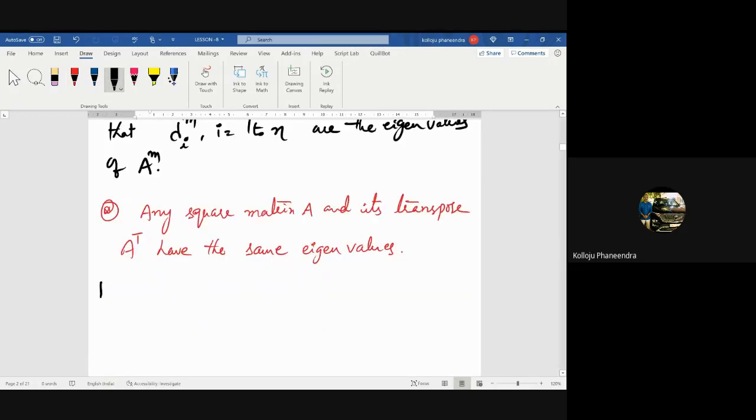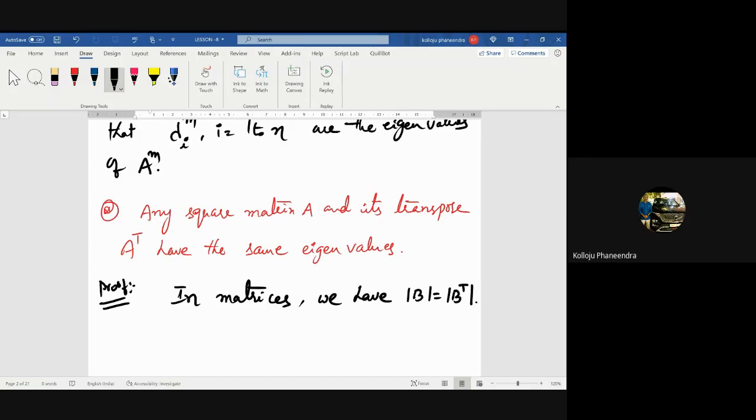For this proof, in matrices we have determinant of B equal to determinant of B transpose, correct? If we consider one matrix B and its transpose, both determinants are the same.